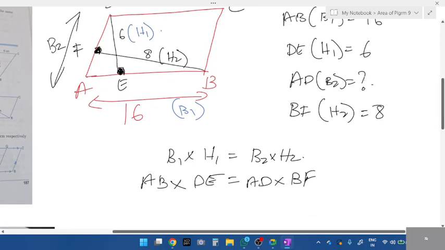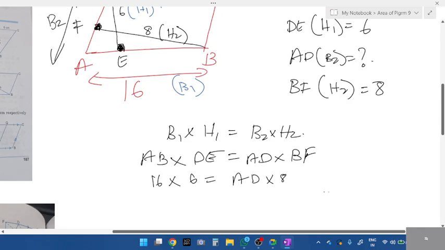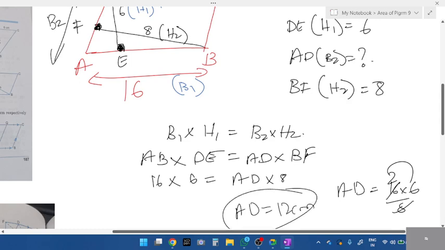Abigail, tell me the values. What is AB? What is AD? What happens to 8 if it goes to the other side? 8 ones are 8, twos are 6, twos are 12 centimeters. Understood all of you?